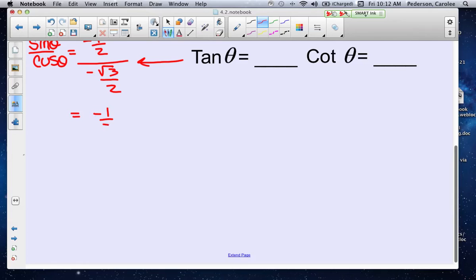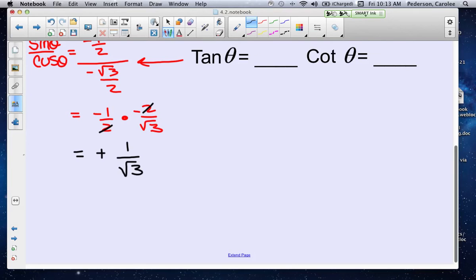So -1/2, change, and flip. So what happens to the 2's? They cancel. What happens to the negative and negative? Turns to a positive. So we have 1 over the square root of 3.